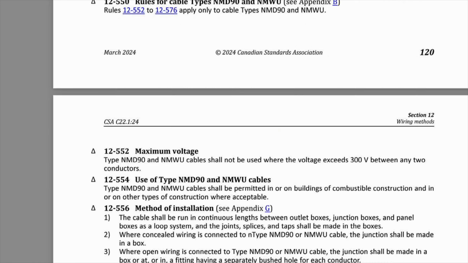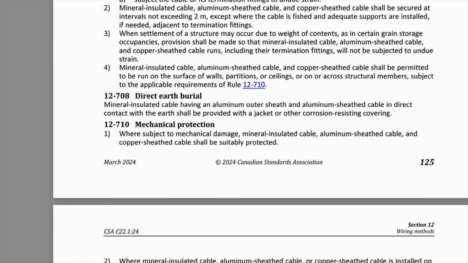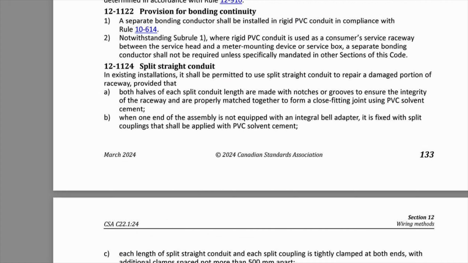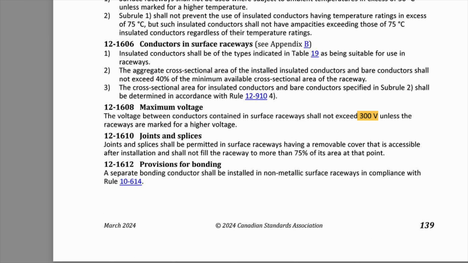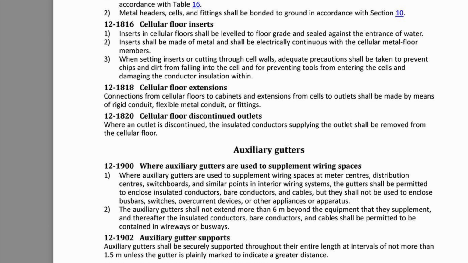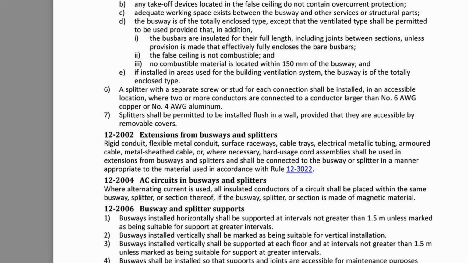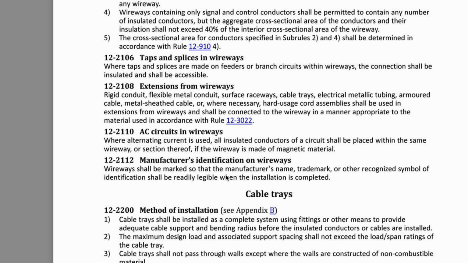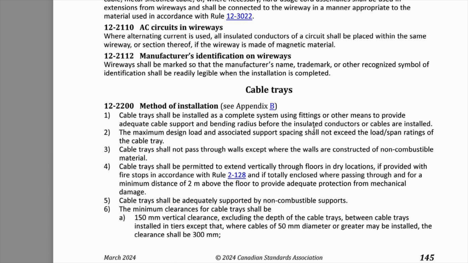Let me use the scroll. Underfloor raceways, auxiliary gutters. Maybe it's here. Auxiliary gutters, wireways, cable tray. Yes, cable tray.